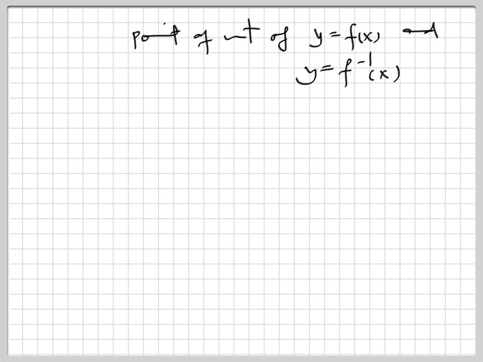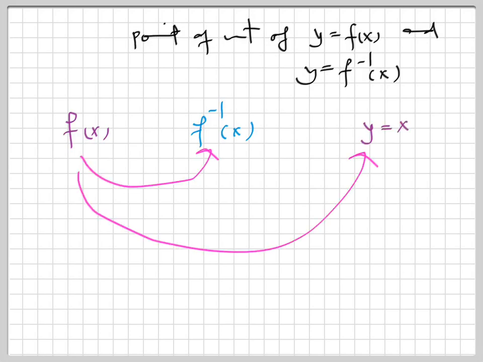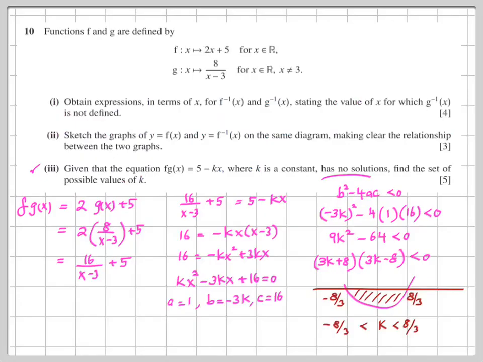This is f(x), this is f inverse(x), and this is y = x. I can solve these two simultaneously, these two simultaneously, or these two simultaneously. So there are 3 options available. I can choose the easiest option to get my point of intersection. Needless to say, they will all give us the same exact answer.